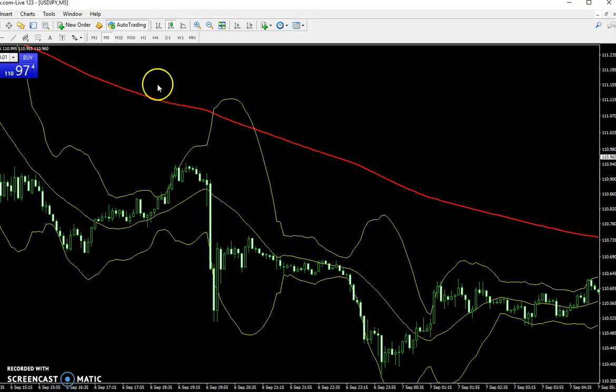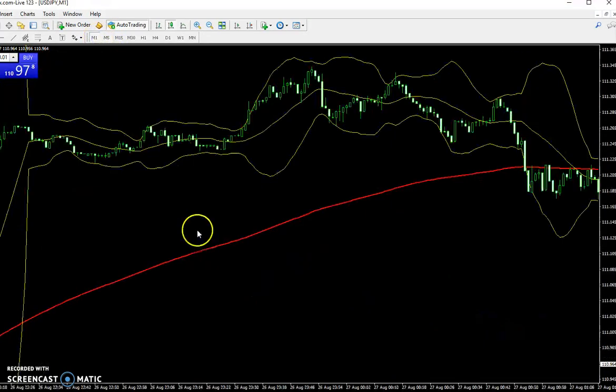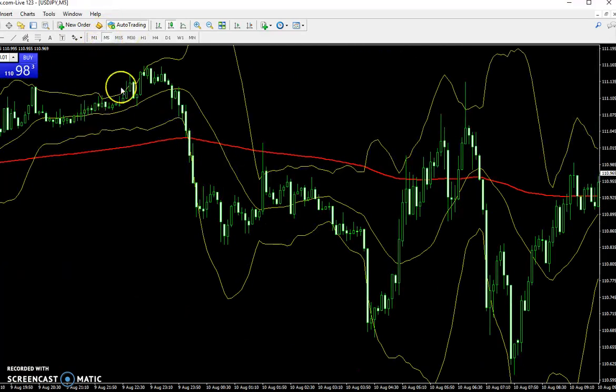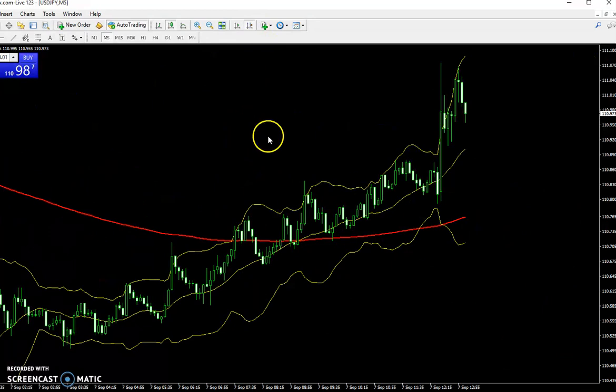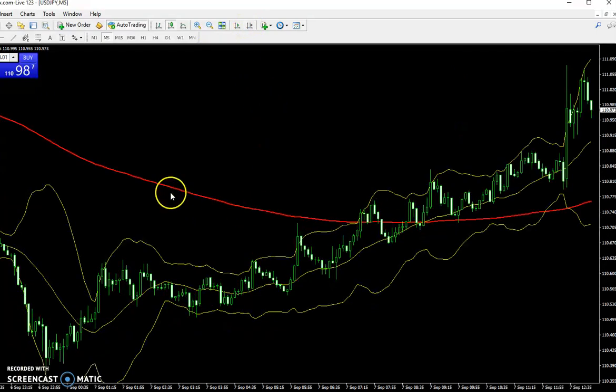For scalping, I don't like the 1 minute because you can get crazy action, so I use the 5 minutes. The basic system is you trade in the direction of the 200 EMA.